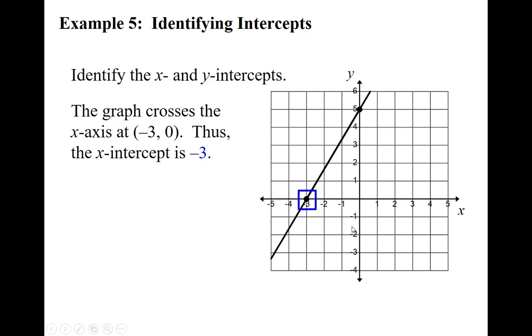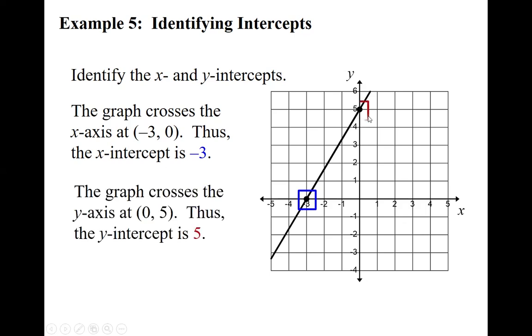Or we can just say the x-intercept is -3. The y-intercept, where does this graph cross the y-axis? Well, that's up here at 5. X is 0, so that's the point 0, 5. Or we can just say the y-intercept is 5.